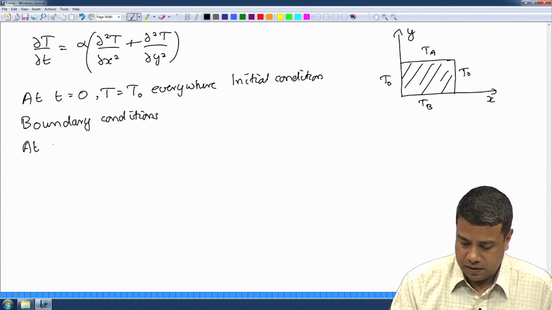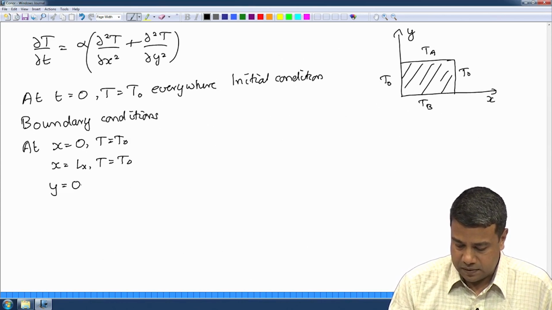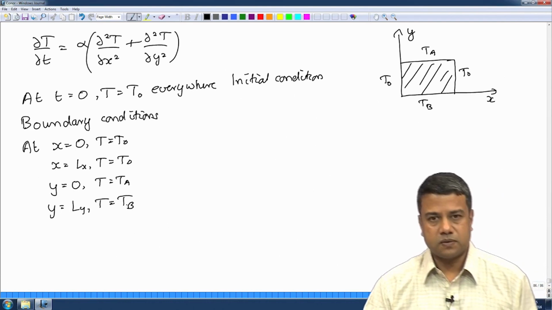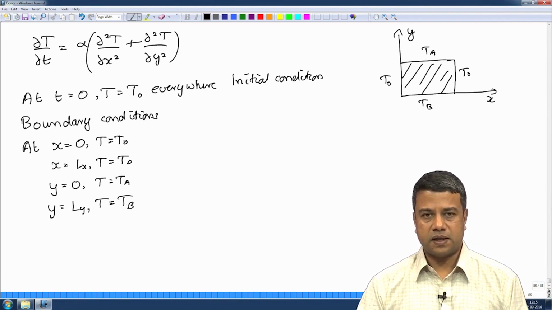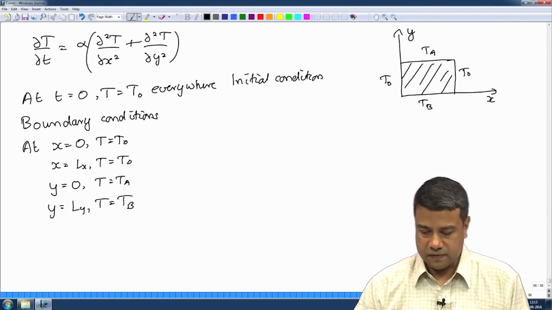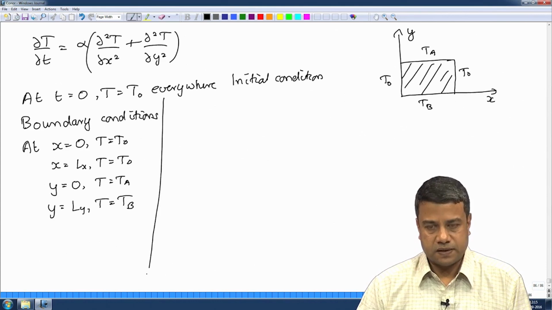At x is equal to 0, T is equal to T naught, x is equal to Lx, T is equal to T naught, okay. y is equal to 0, T is equal to TA, and y is equal to Ly, T equals TB. So, those are the boundary conditions, but now I have a time dependent problem which I have to solve as a function of x and y as well. Okay. How would I go about solving this?